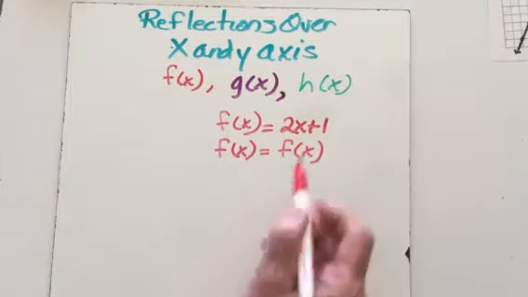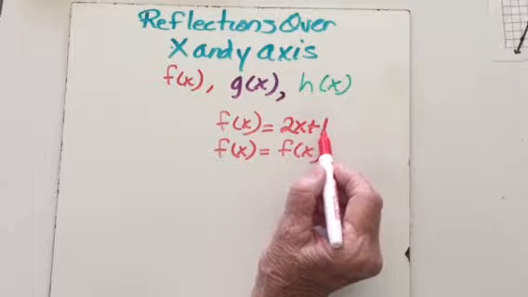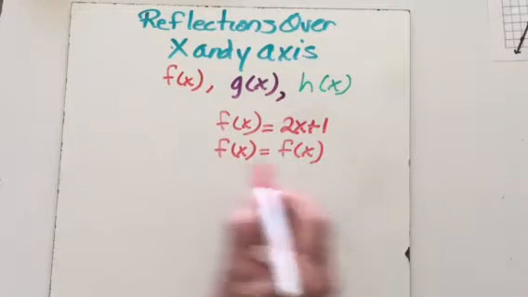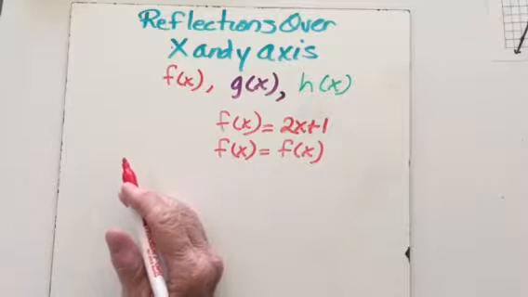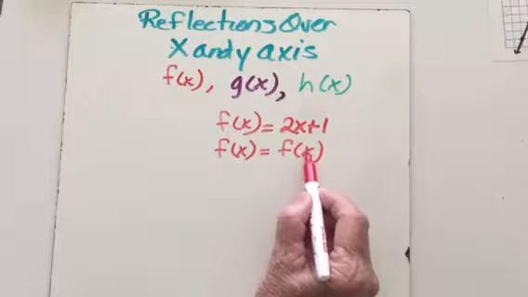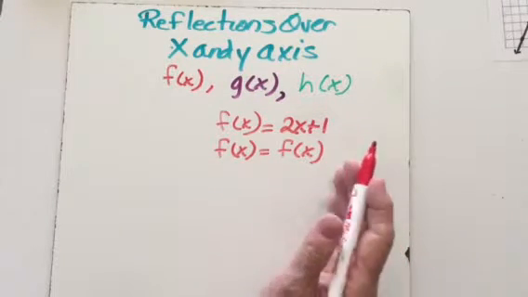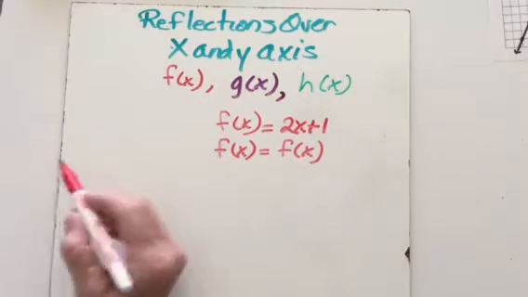All right. What if I want to change this and reflect it over the y-axis? What happens to those x numbers? Do you remember? Instead of positive, they're going to flip over to negative.